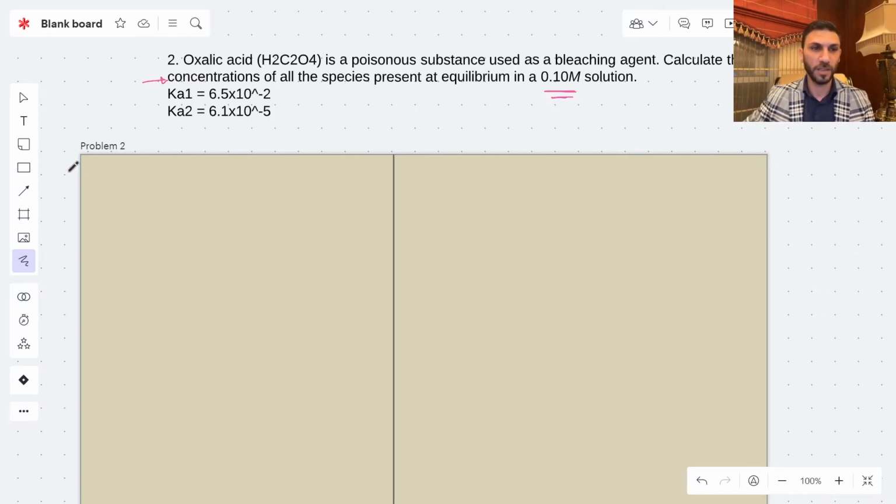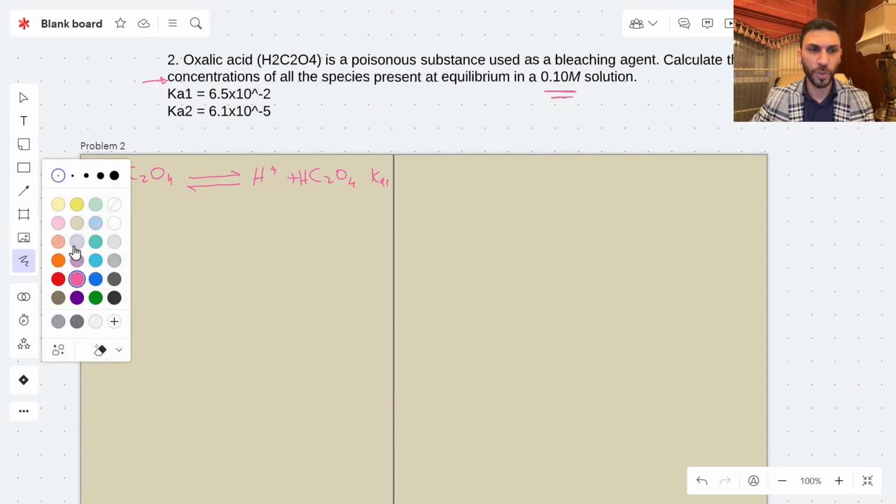All right, we need to write the first reaction, which is, because it's diprotic acid, so H2C2O4, and it's a weak acid, so it's going to decompose or ionizes in a reversible reaction to give you H positive plus HC2O4 negative, and we have Ka1 for this equilibrium.